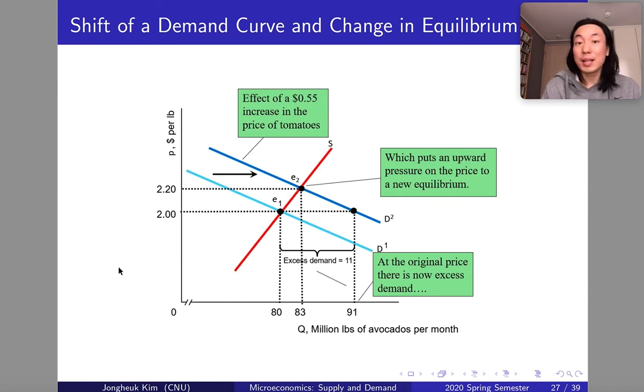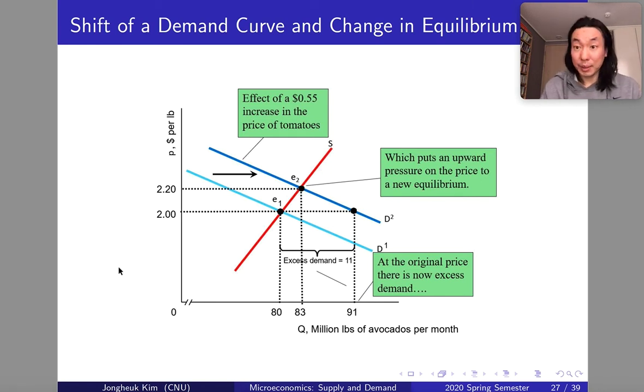So the demand for tomato will decrease, which means demand for avocado will increase, right? So the demand curve shifts to the right side, which means increasing demand for avocado. So our equilibrium point will move from E1 to E2 easily.